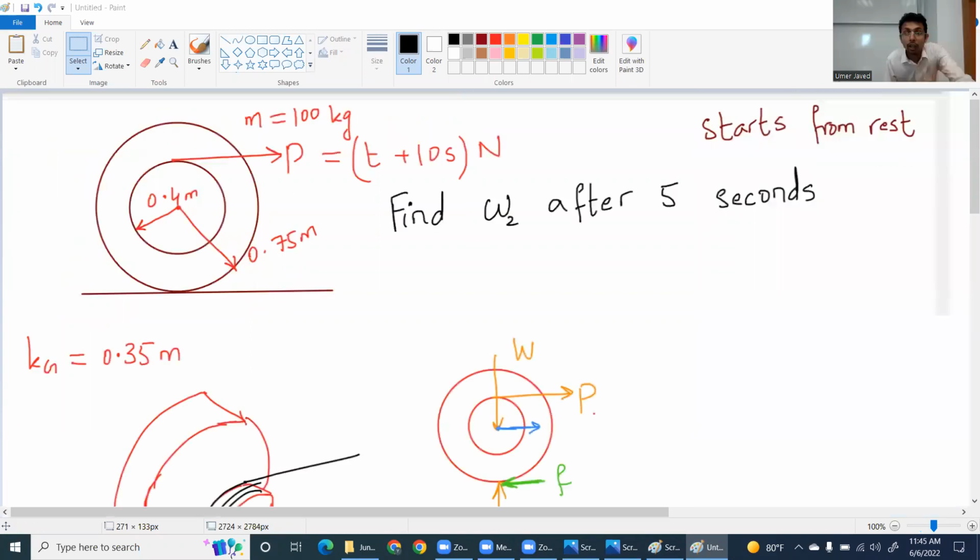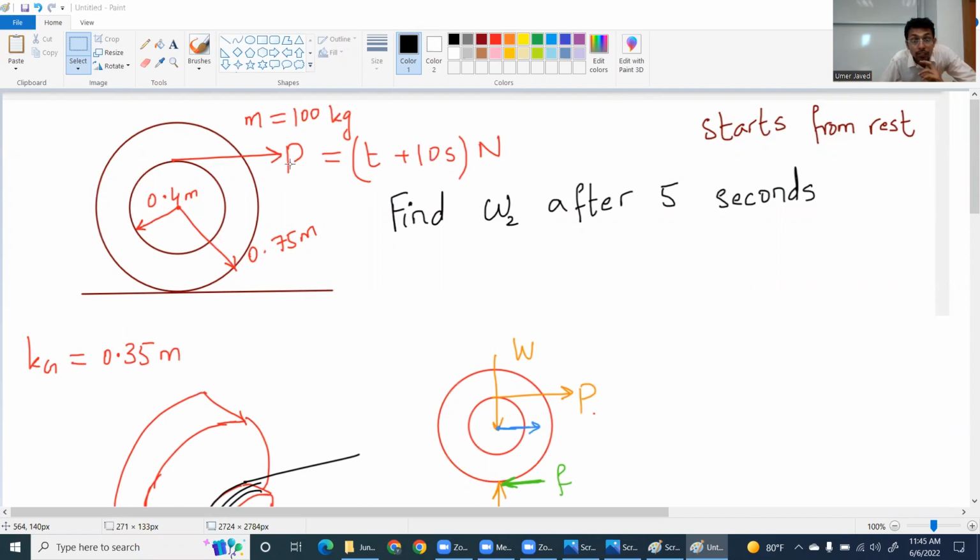Okay. Hello, everyone. I hope everyone is doing all right. So the question says that we have an object which is like a wheel and it has a radius of 0.4 meter in this part, and the radius is 0.75 meter on the outside.